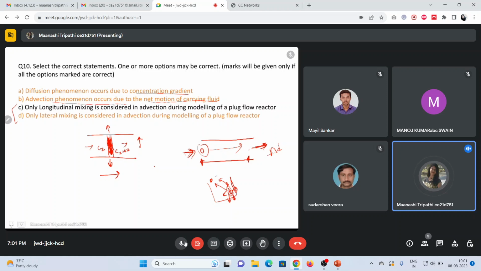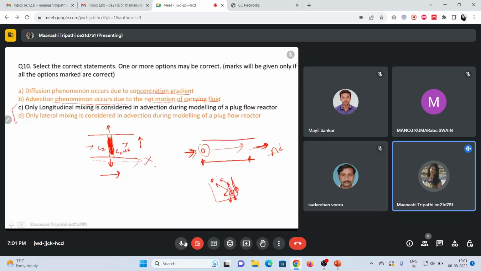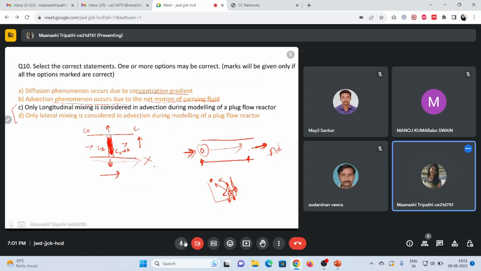In a plug flow reactor, longitudinal mixing is not at all there, because if here the concentration is C0, here the concentration will change to CF. If there were longitudinal mixing, there should not be any change between these two concentrations, but there is change. That is why in a plug flow reactor only lateral mixing is considered.